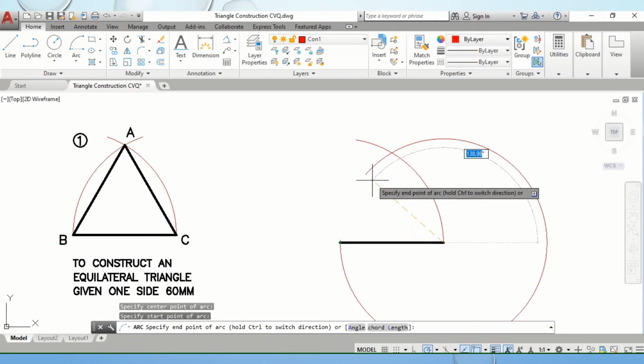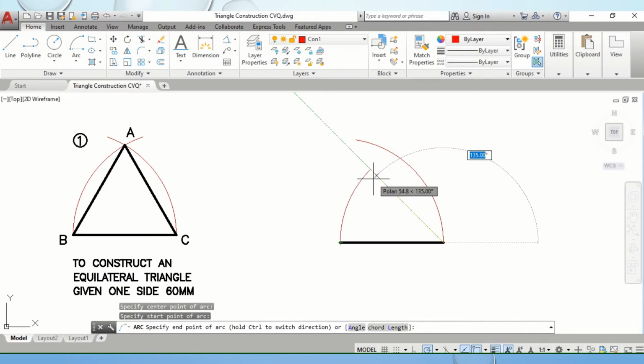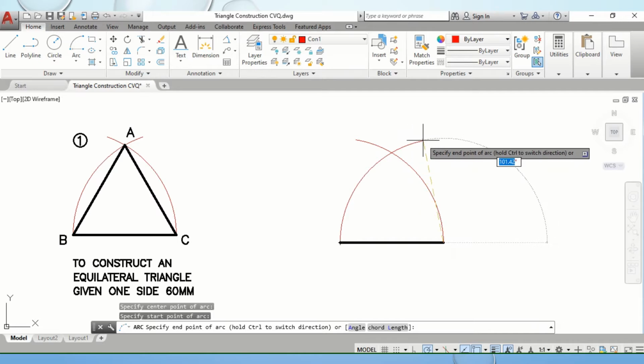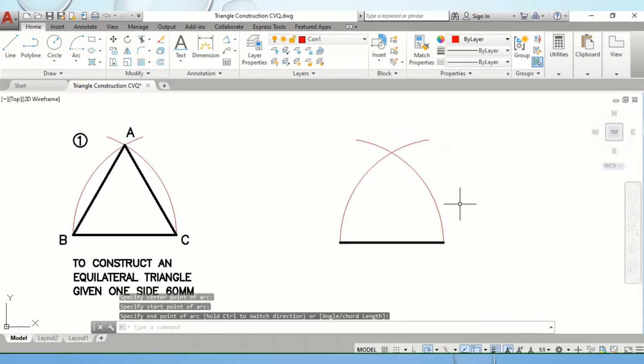Now, when you're using the arc tool, it normally draws anti-clockwise. So to draw in a clockwise direction, we just simply press the Control key. So we have our two arcs intersecting.